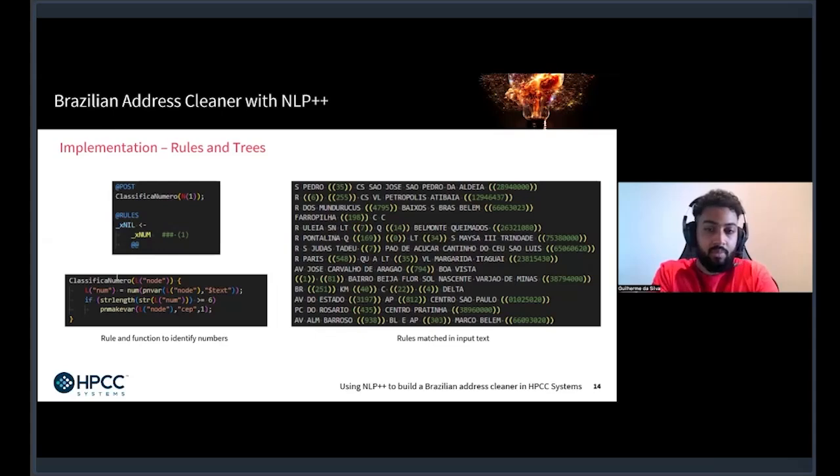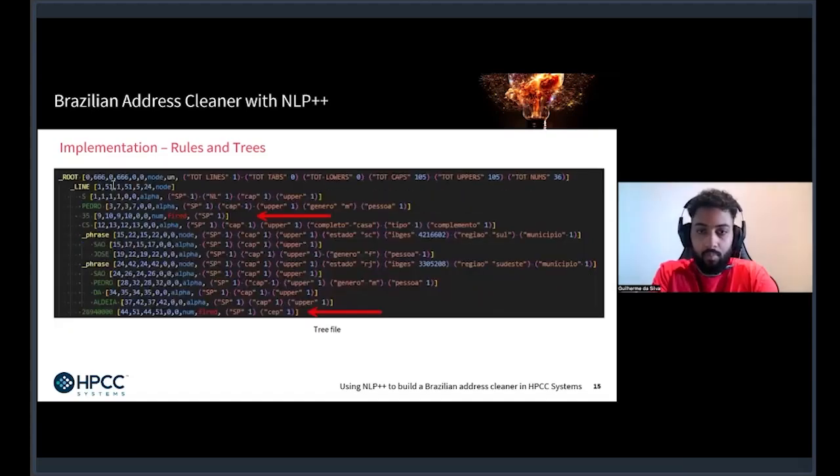Meanwhile, each step of the natural language processing can be analyzed, as seen in the image on the right, in which you can see the matched rules, in this case, the numbers. And here we can see highlighted that NLP++ shows which words matched with a rule. So we can see highlighted, for example, the fired word in the image.